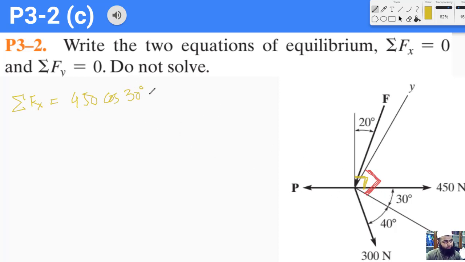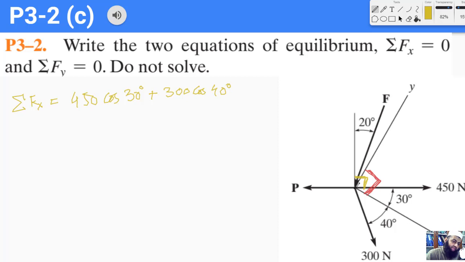The second one is plus 300, because the x component is positive, while the y component of this 300 force is negative. So 300 cosine of 40 degrees. Okay, so these are the two terms.